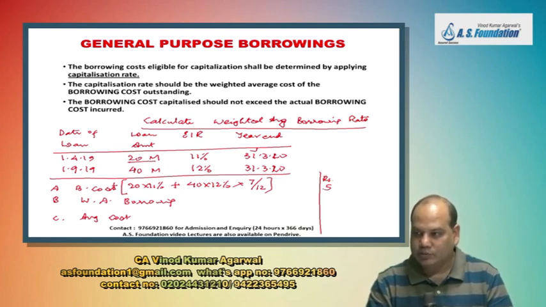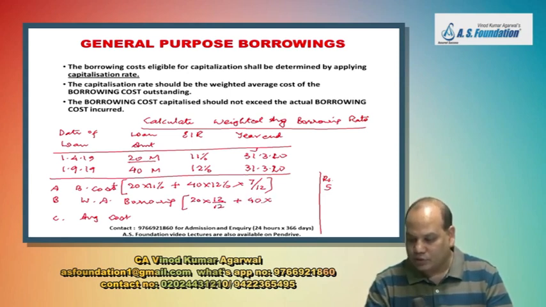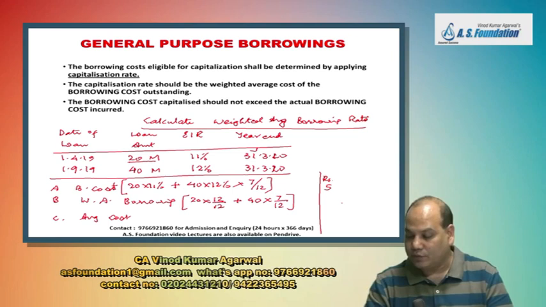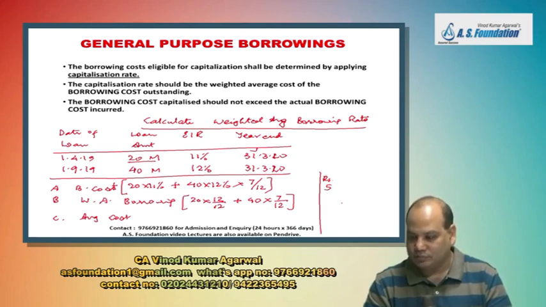Weighted average borrowing. Now this time you be careful. 20 is outstanding for 12 months, so 20 by 12. And 40 also is outstanding for 7 months, 7 by 12. So that your numerator and denominator will match. If I take 40 for the entire year but interest only for 7 months, then numerator and denominator are not comparable.